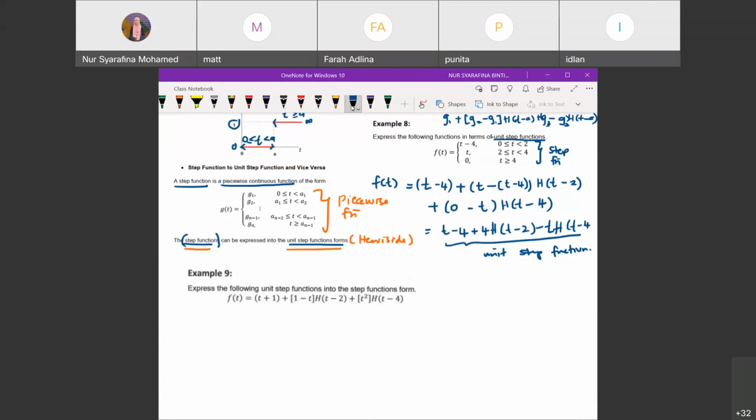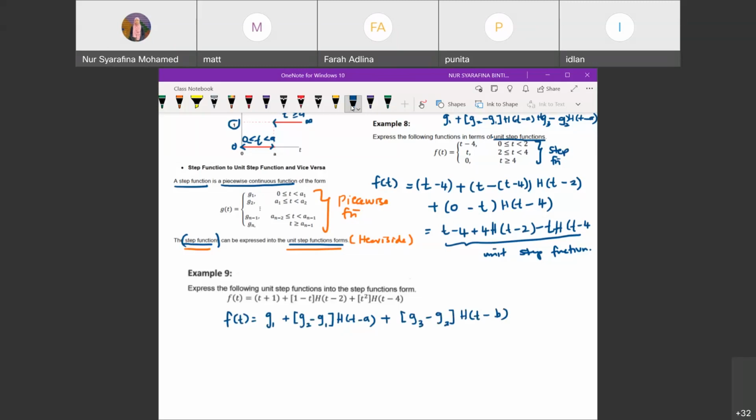And you know, in order to have this, we have f(t) equals g1 plus (g2 minus g1) h(t minus a). We have up to 3 terms, so (g3 minus g2) h(t minus b).